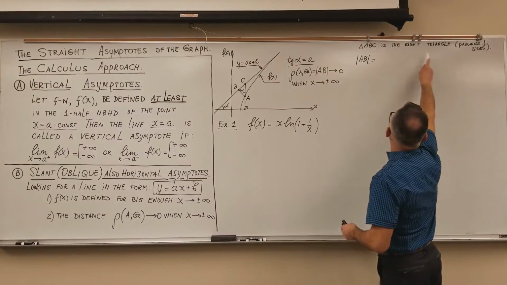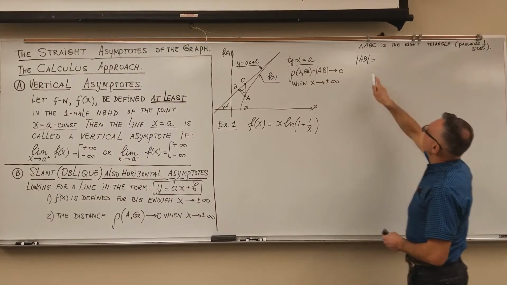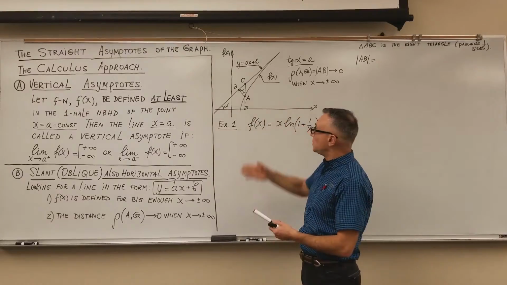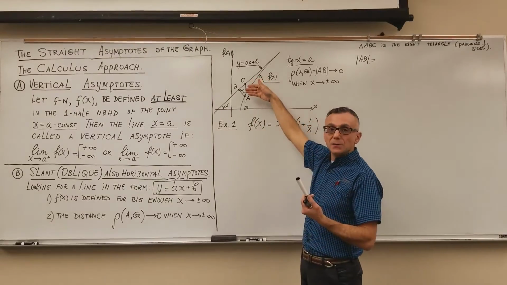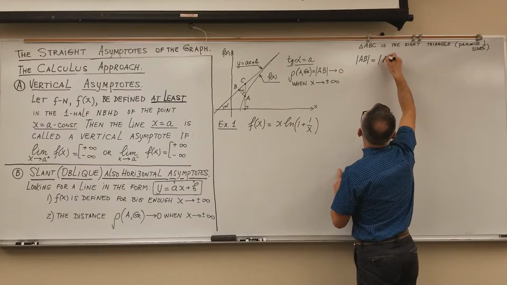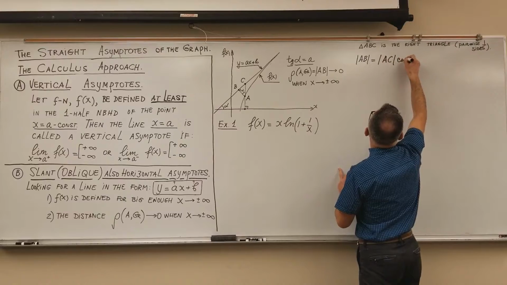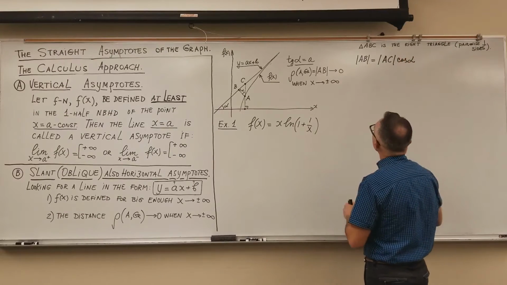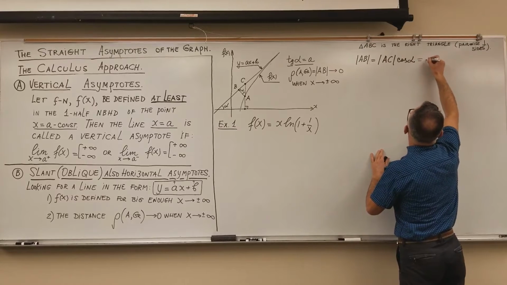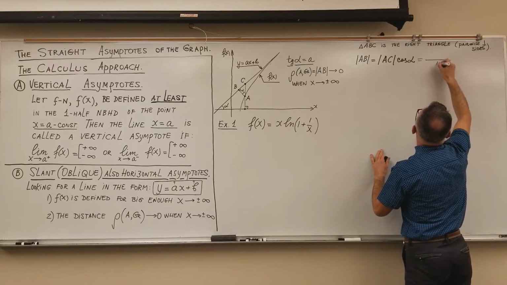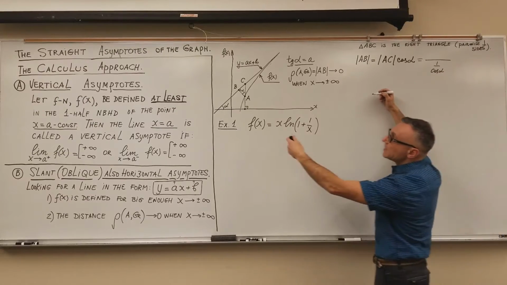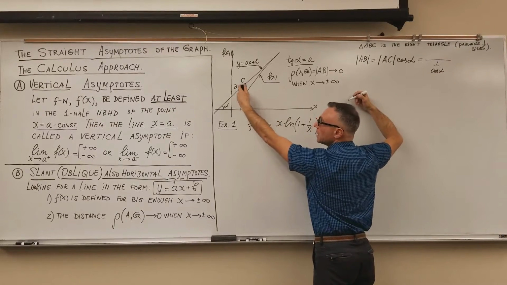So ABC is a right triangle, which means that the distance AB from this right triangle is just equal to AC, the hypotenuse, multiplied by the cosine of alpha. So AC, the hypotenuse, multiplied by the cosine of alpha is my distance AB. And the distance AC is easy to calculate.